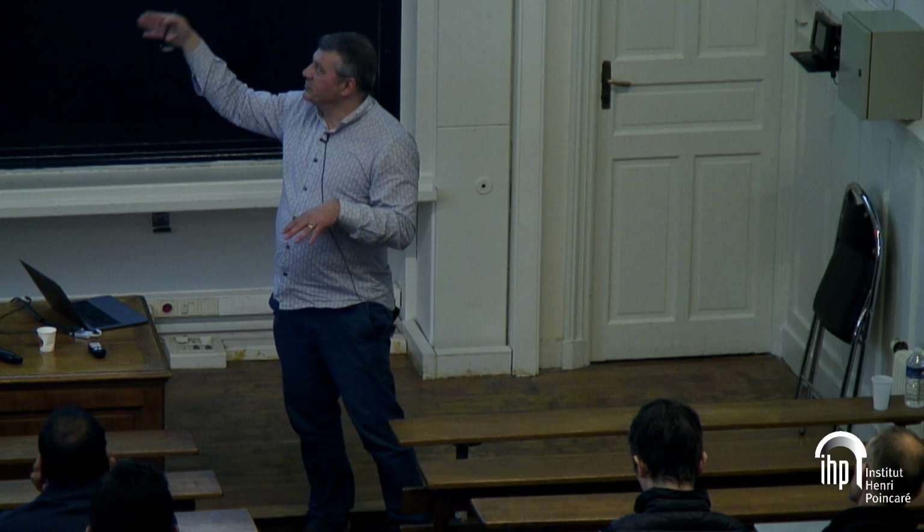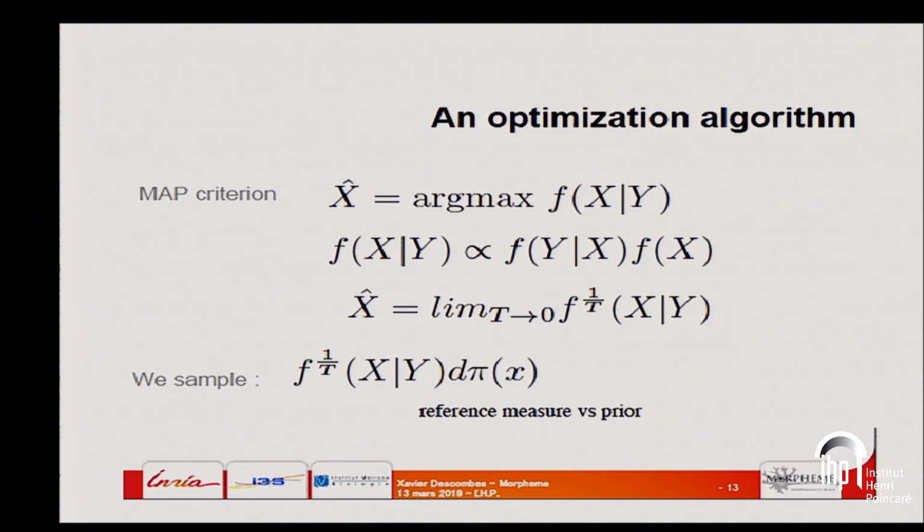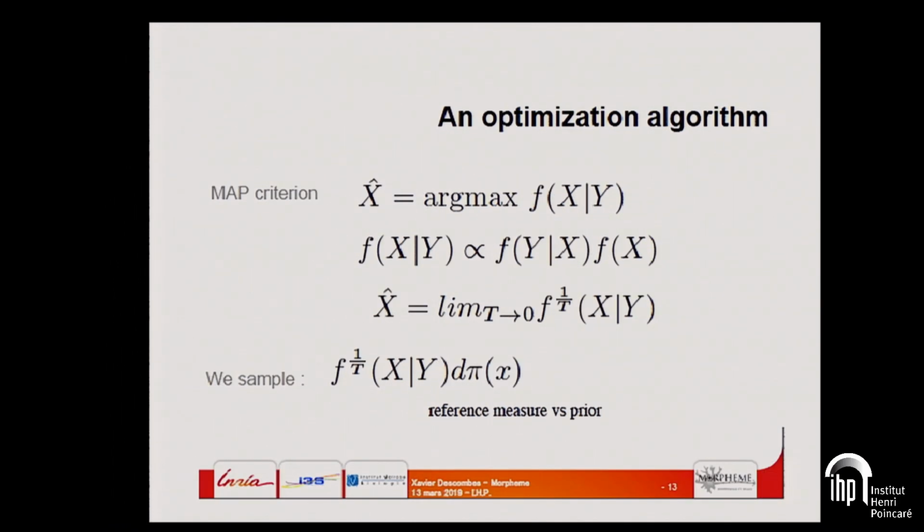Then when the temperature decreases, this converges to a Dirac distribution on the global maxima. As the temperature decreases, you don't care about the reference measure anymore. The main point is the density. So the result will only depend on your density, but the path you use to get this result, the speed of your optimization, will also depend on this reference measure.